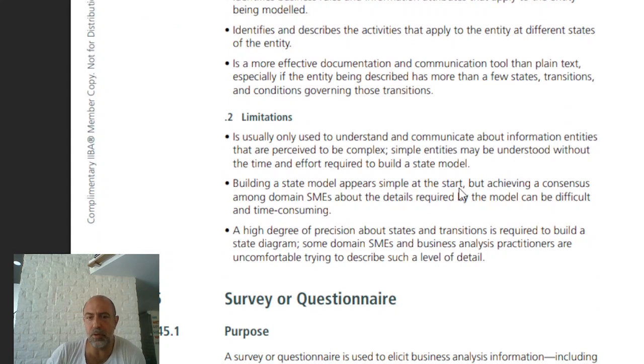It's usually only used to understand and communicate about information entities that are perceived to be complex. Simple entities may be understood without it, and an entity here is not basically a business. It could literally be a small table, right? Think of the difference between a small table and a wedding hall. The wedding hall is an entity and the small table is an entity.